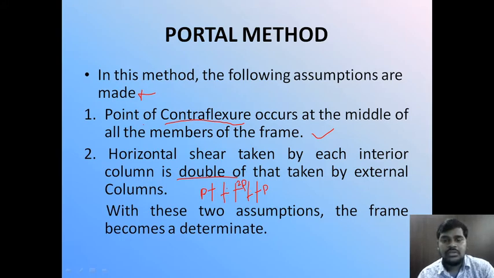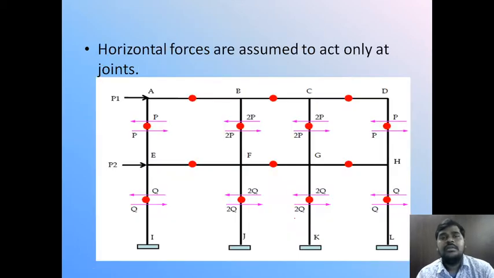With these two assumptions, the frame becomes a determinate one. This is the main importance of approximate analysis, that we have to make an indeterminate frame determinate. If you assume these two, you can say that the frame becomes determinate. Horizontal forces are assumed to act only at joints.